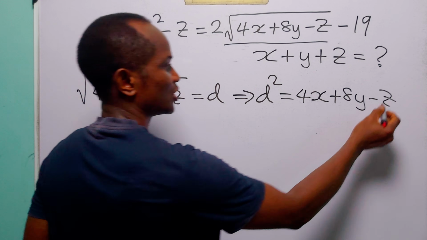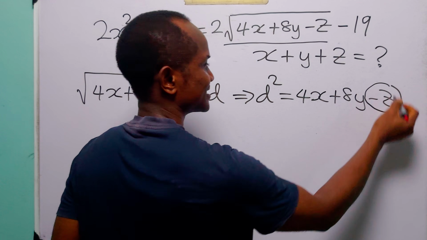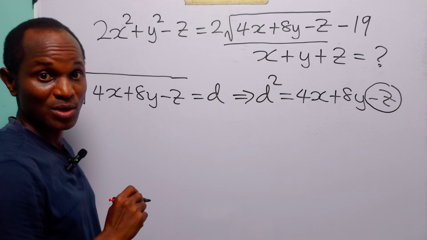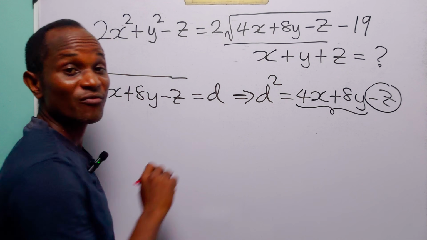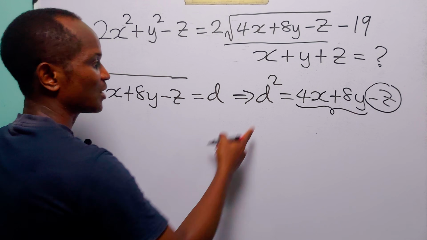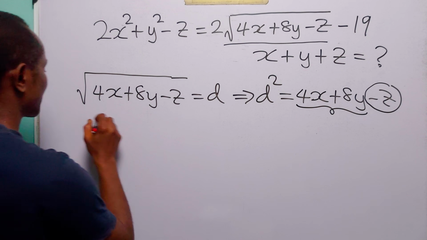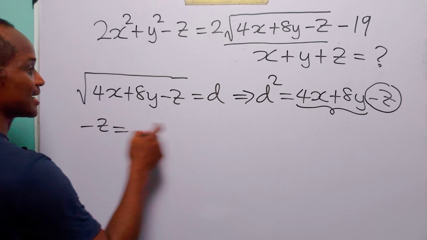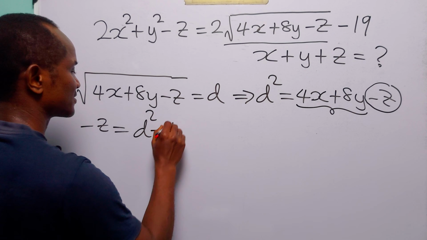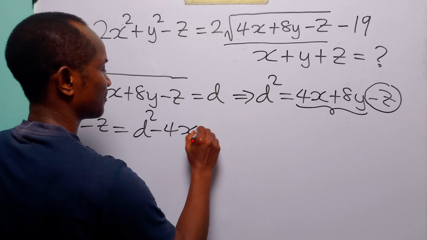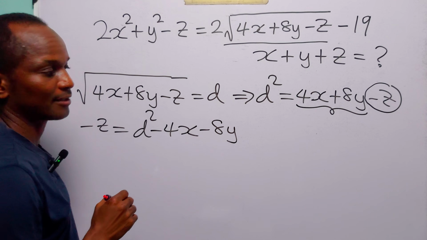Now, the next thing we are going to do is to make minus z the subject of this equation. And of course, to do that, we are going to move these two terms over to the left-hand side. When we do that, we have that minus z is equal to d squared minus 4x minus 8y.